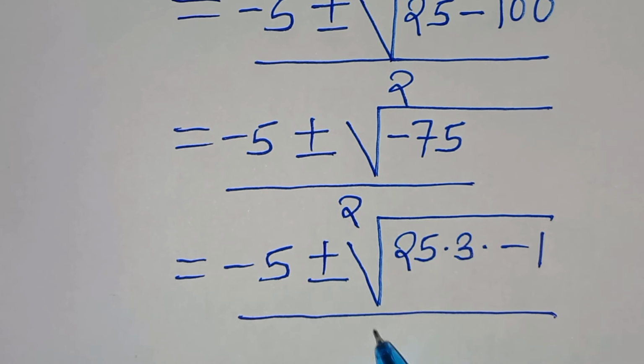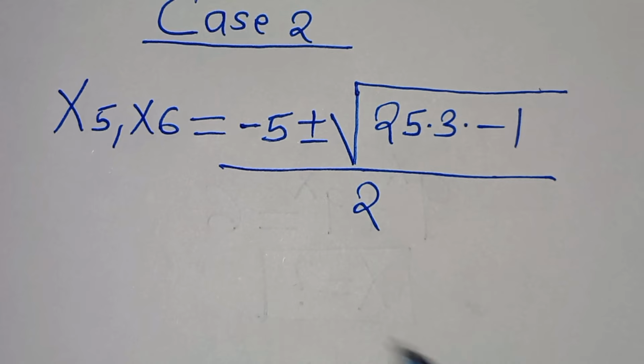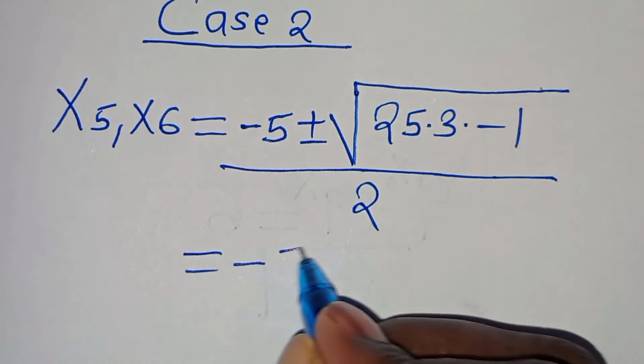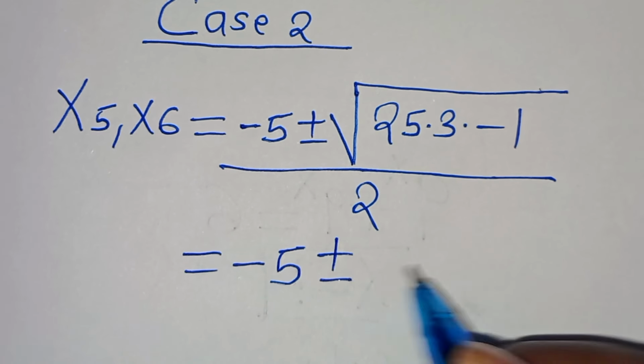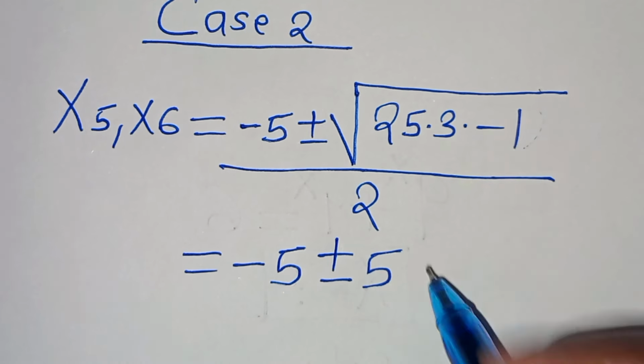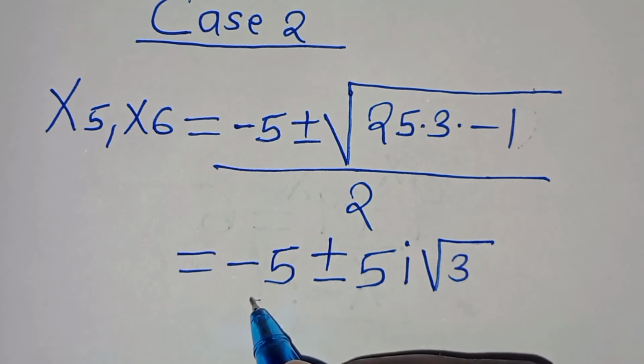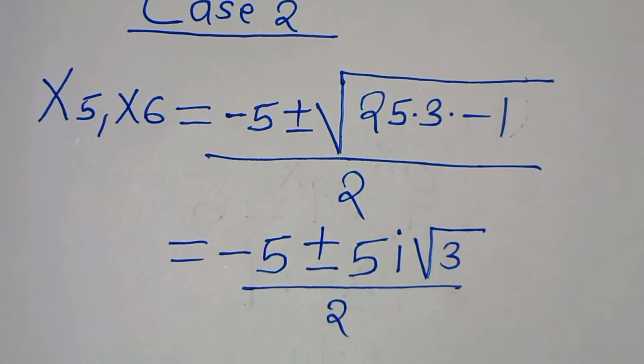Everything here divided by 2. Now this implies that here we have minus 5 plus or minus the square root of 25, this is 5. The square root of minus 1, this is i, then square root of 3. Everything here divided by 2.